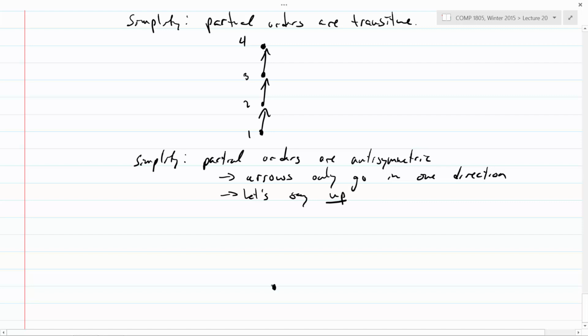So now I can draw it like this. And that's a much better diagram than what we started with. Right? This is very, very simple. You can clearly see the pattern. But it only makes sense if we remember that we're dealing with a partial order.